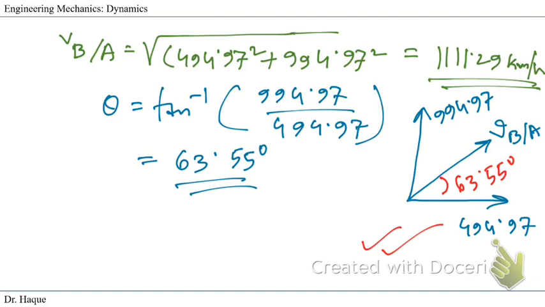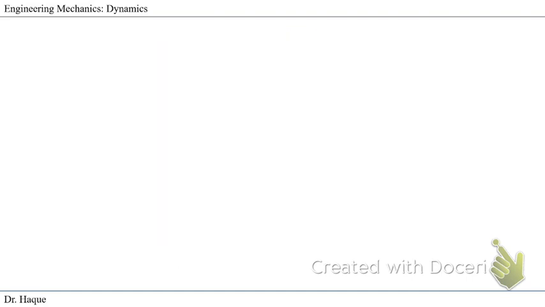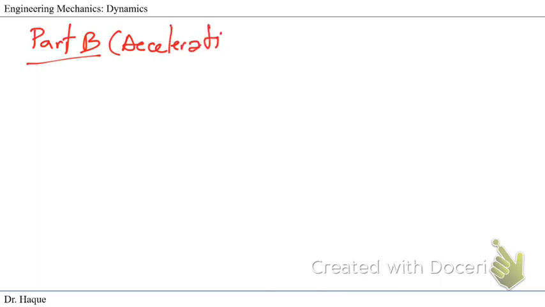Let's move to the second part of the problem, where we're going to solve for acceleration. So next, move to the next slide, part B, where we're going to solve for acceleration.